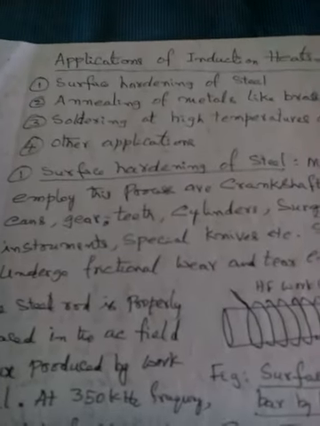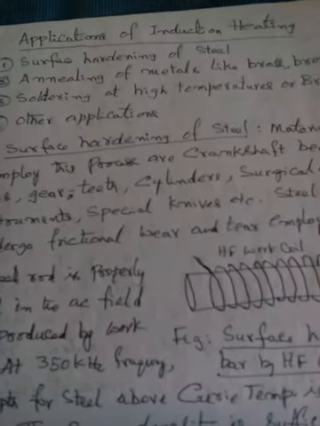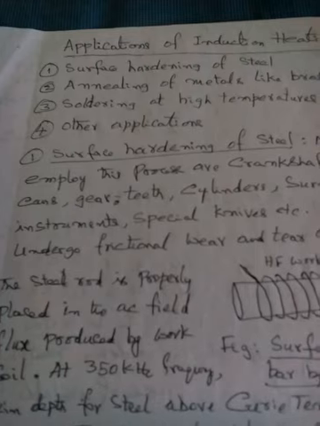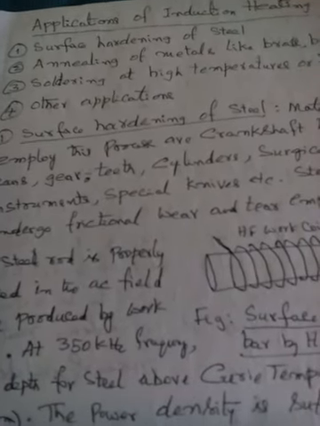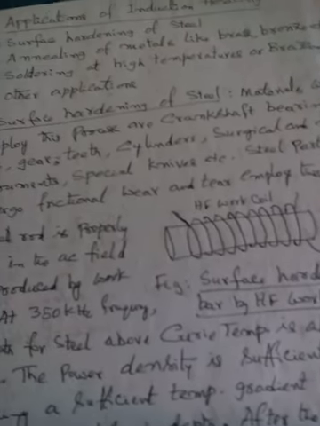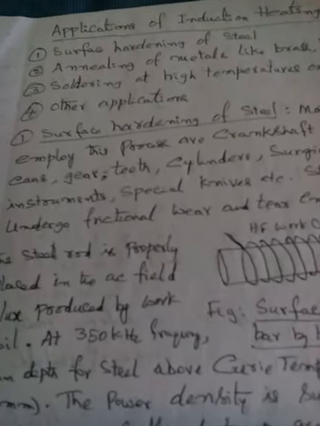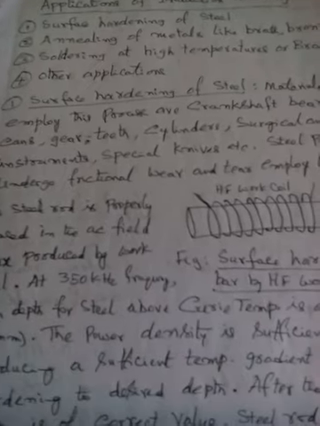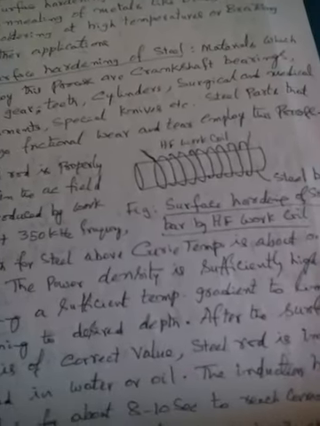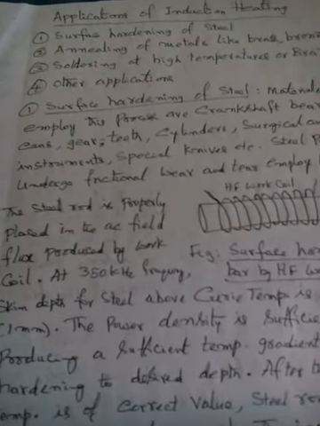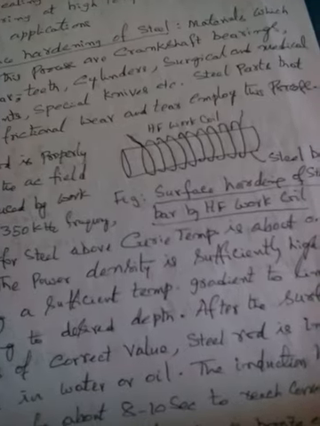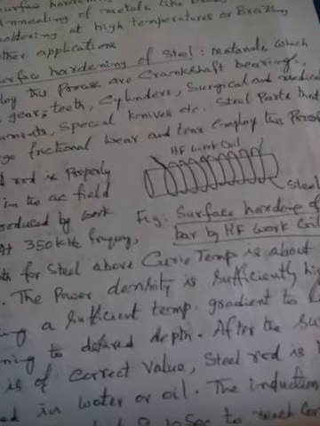Materials which employ the process are crankshaft, bearings and cans, gear teeth, cylinder, surgical and medical instruments, special knives, etc. These are all using surface hardening. Steel parts that undergo fractional wear and tear employ the process.